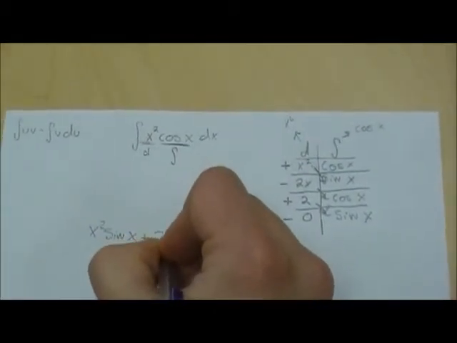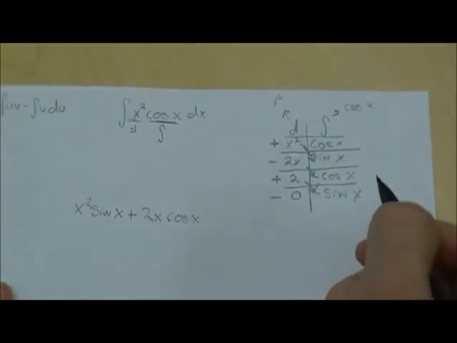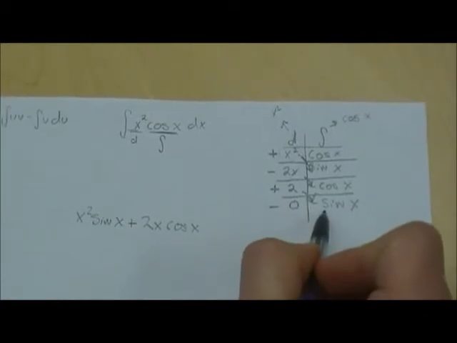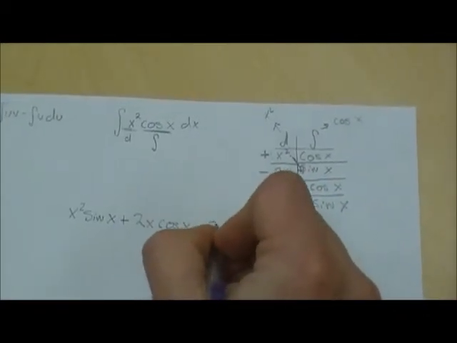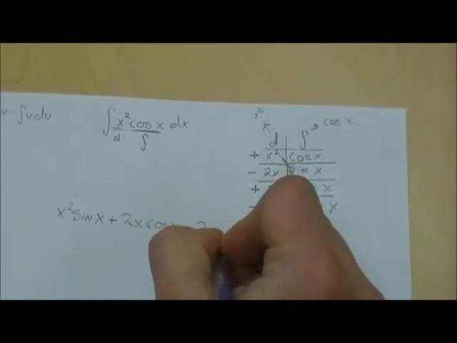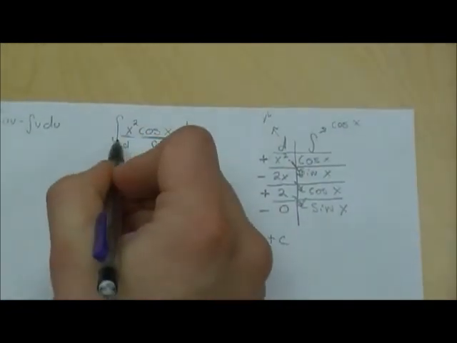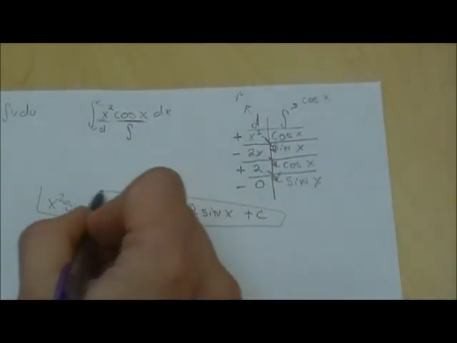So then you'll have 2x cosine x, and then you're left with a positive 2 and a negative sign. So positive times negative is negative, minus 2 sine x plus c, because we don't have any limits of integration. And that is how you do tabular method.